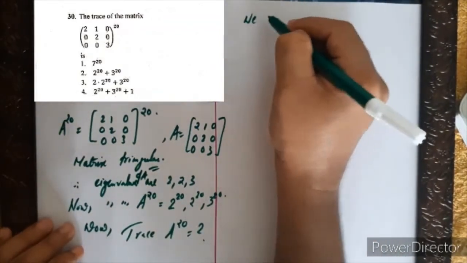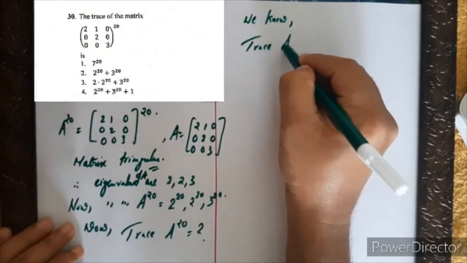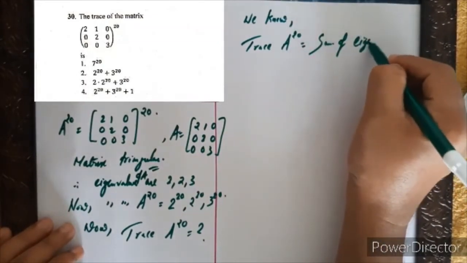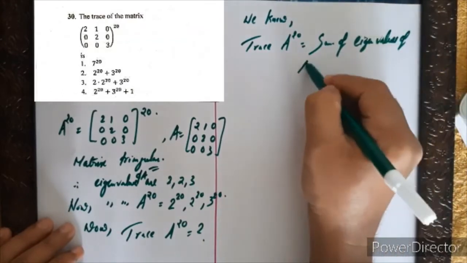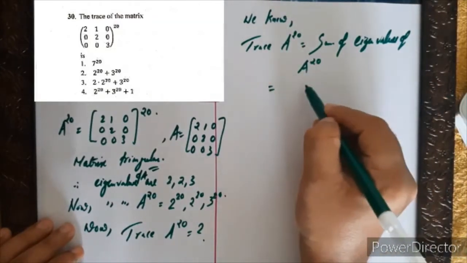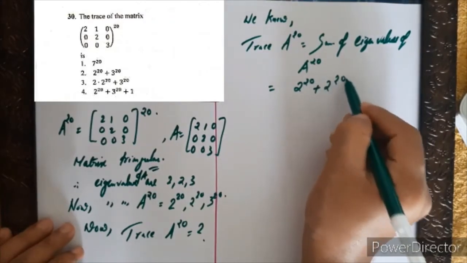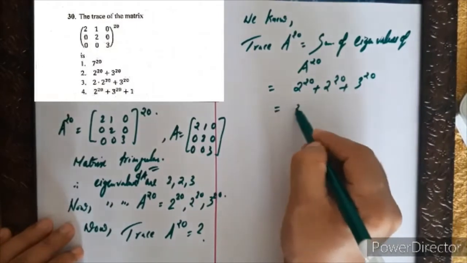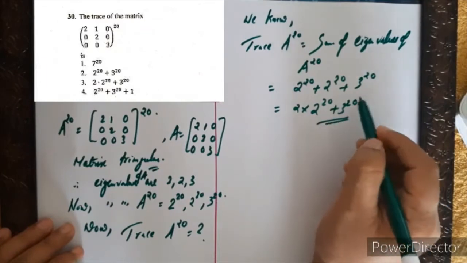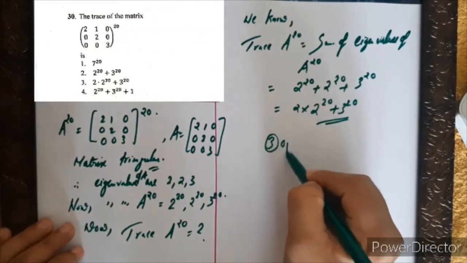We know the trace is the sum of the eigenvalues. So this is equal to 2 raised to 20 plus 2 raised to 20 plus 3 raised to 20, which is 2 into 2 raised to 20 plus 3 raised to 20. So this is the third option, and that option is correct.